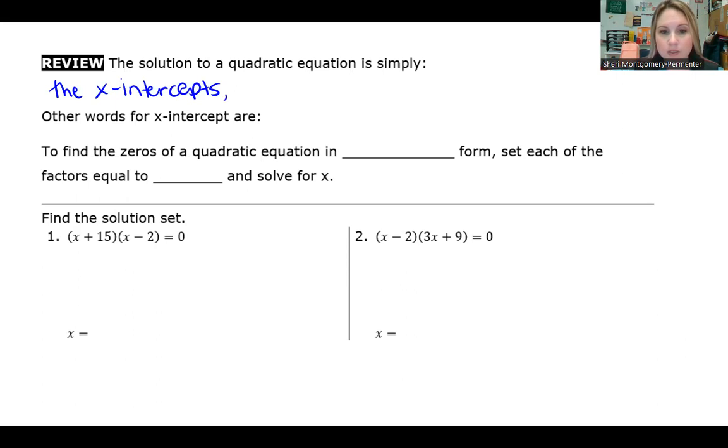Those are also called zeros. Other words for x-intercepts are zeros, or roots, or solutions. So the directions might say any of those.